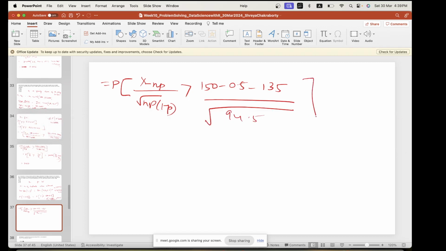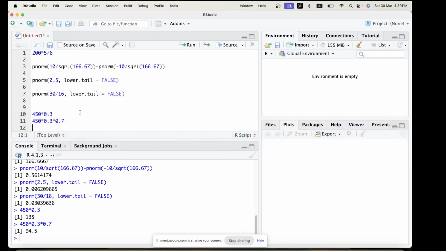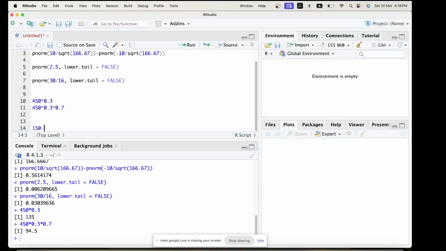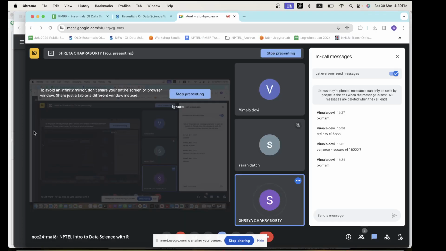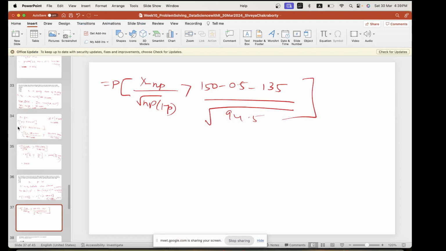Okay, so let us compute what this comes out to be. So 150 minus 0.5 minus 135 divided by square root of 94.5. This is 1.49. Okay, let's say this is my z, and what do I want? I want probability greater than this value. So this will be pnorm z, lower.tail equal to false.